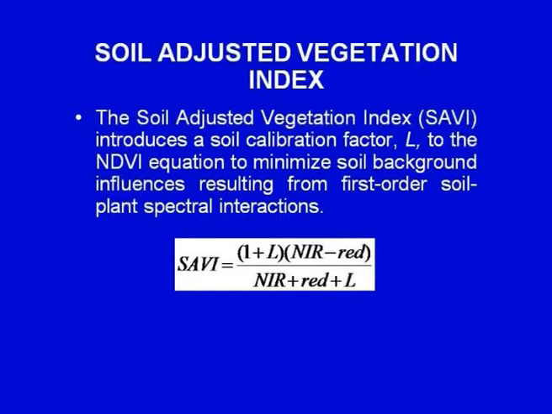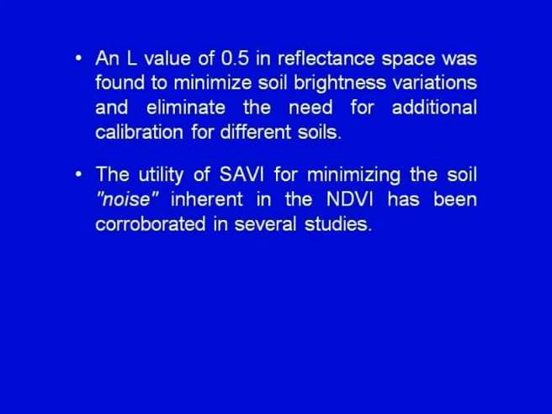It is 1 plus L multiplied by the difference of NIR minus the red band divided by NIR plus the red band plus L, and a value of 0.5 is assigned to L in the reflectance space, and it was found to minimize the soil brightness variations and eliminate the need for additional calibration for different types of soils. The utility of SAVI for minimizing the soil noise inherent in the NDVI has been incorporated in several studies.